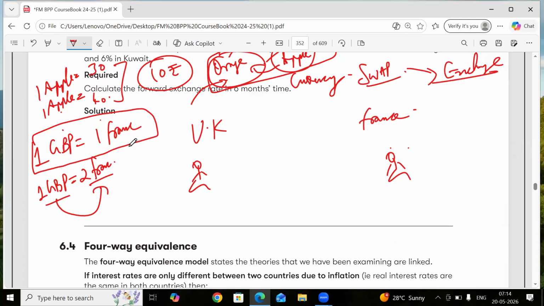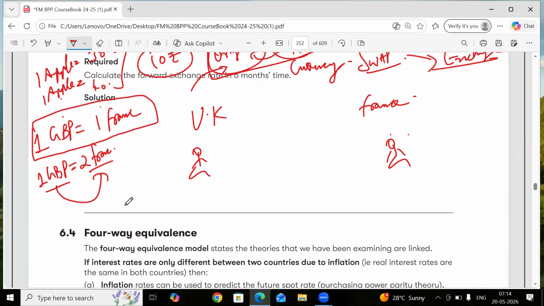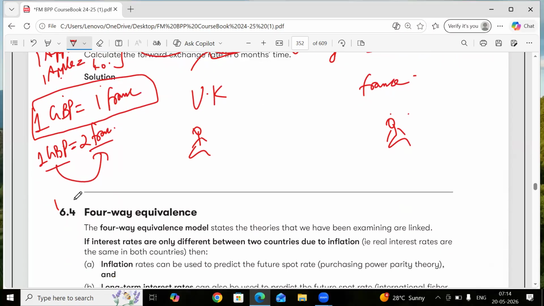But if 1 franc goes to 2 GBP, then it is a loss for the UK guy. That means he has to buy 1 franc for £2 and invest in France. So both are worried about the foreign currency exchange rate risk.